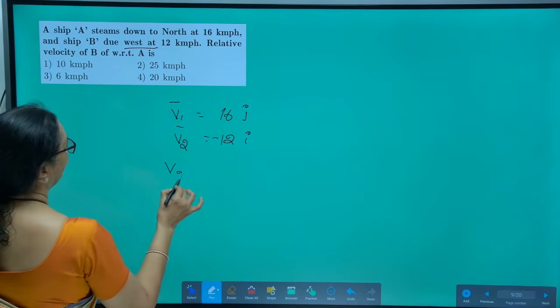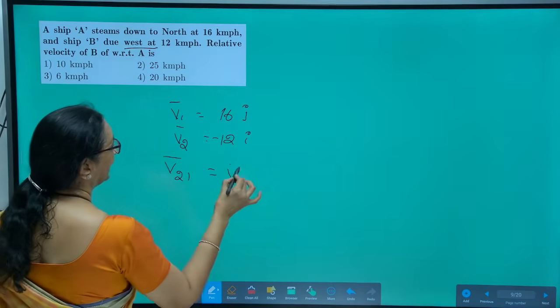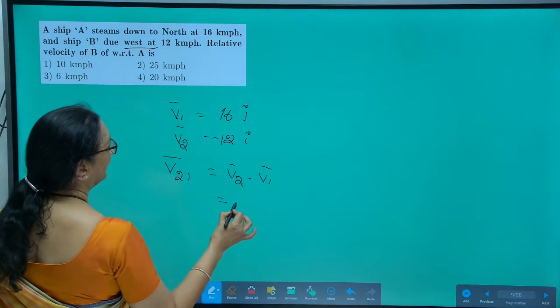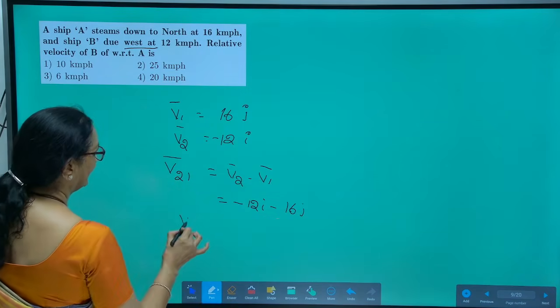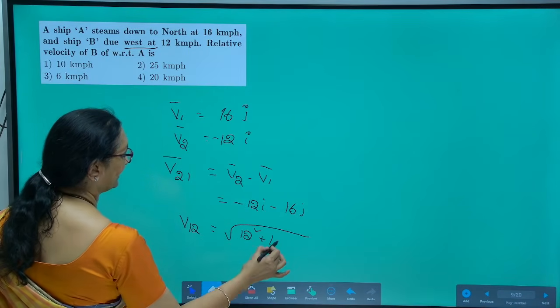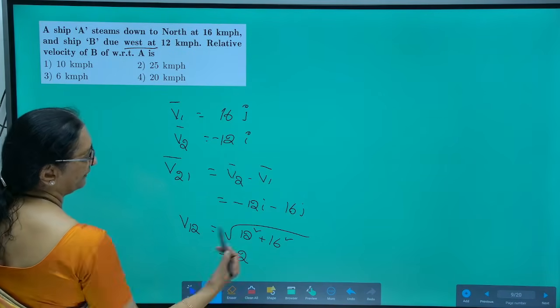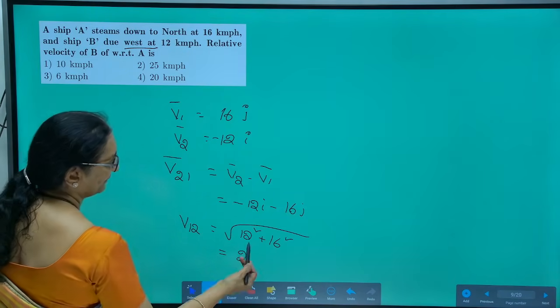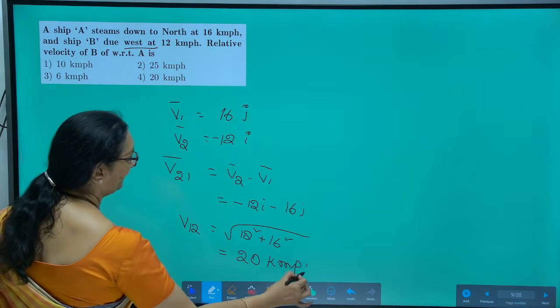Relative velocity of B with respect to A is V2 bar minus V1 bar, that is minus 12 I minus 16 J. The magnitude is root of 12 square plus 16 square, 144 plus 256, it is 400 under root, it is 20 kmph.